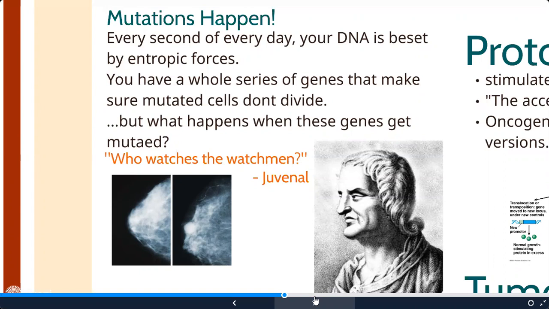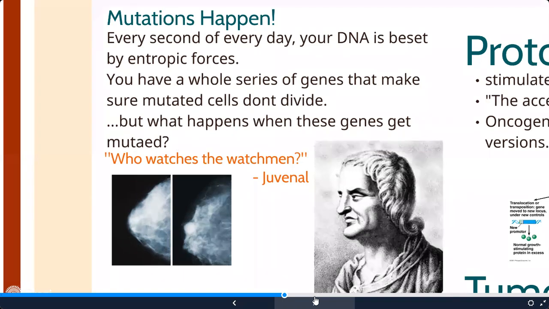Not a lot, but enough that over the course of your lifetime they add up, because if the error persists, then you make a copy of the error, now you have 2 copies of the error, and it'll just keep going. This is called a stochasm, or basically randomness, random chance.